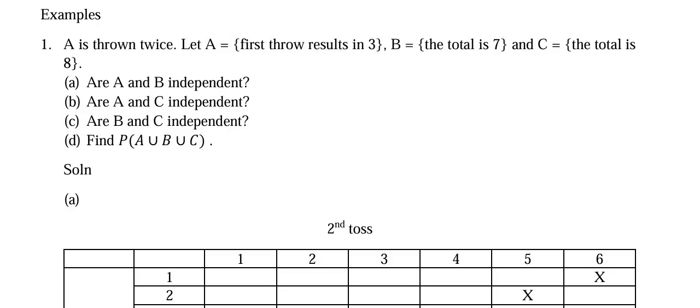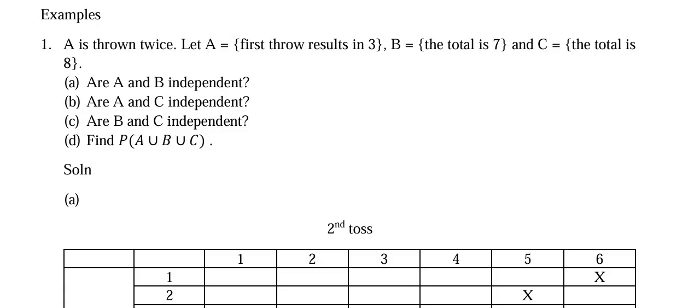This example is very interesting. They are saying a die is thrown twice. That's what you have. There are going to be three sets of events that we're going to consider. We're going to consider that A is the first throw results in a 3, B is the total is 7, and C is the total is 8.